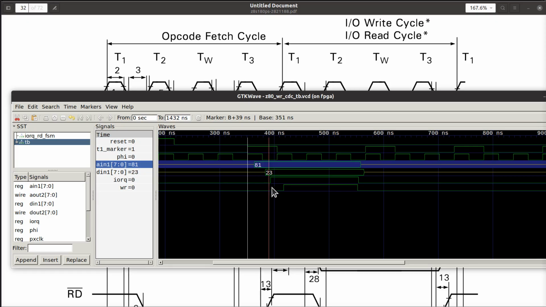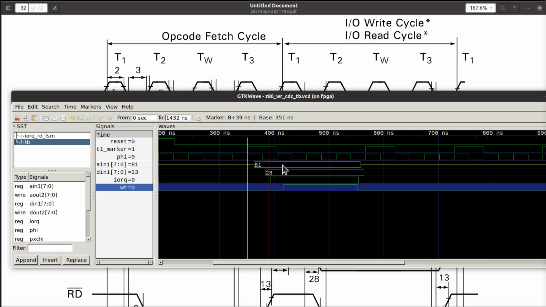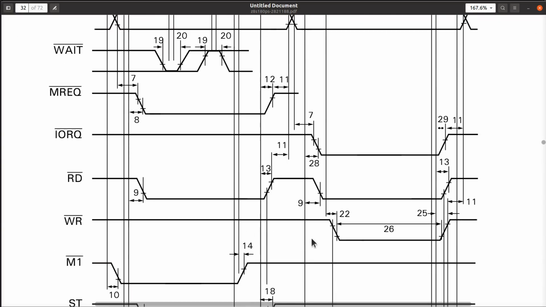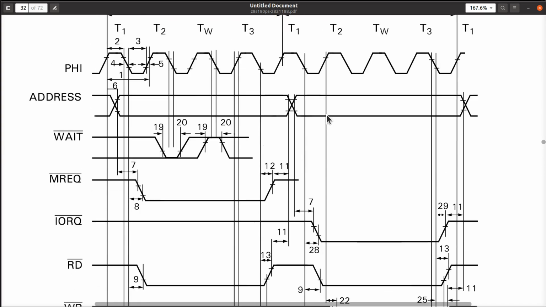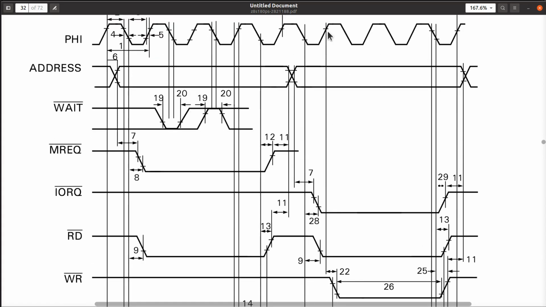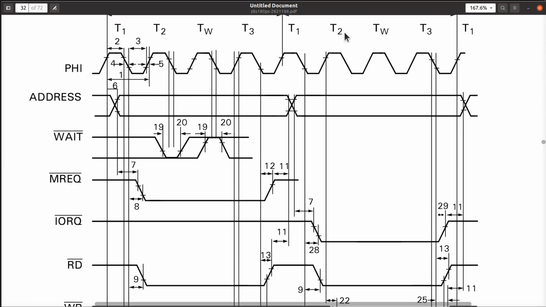All right, now what's next? Down here we have the write signal, and when does that thing do its game? Write will be number 22 after the rising edge of T2. We look up number 22 on the old cheat sheet, and we see it's less than 25 nanos. A lot of these are just less than 25 nanos. So what does that mean? It means that it will go active before or with this falling edge of T2 if we're running at 20 megahertz.